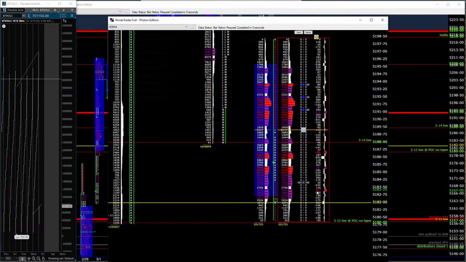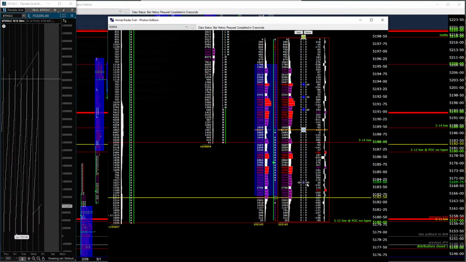And look at this. Who buys down here? Somebody put something here, really high, 500 contracts, boom, at once, right? And then there's some buying here. It's not subtle buying.